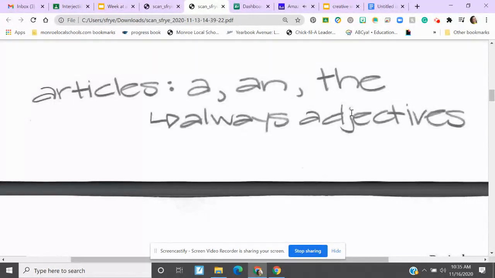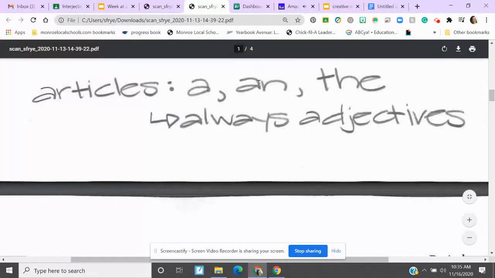So if I give you a sentence and say, label every part of speech in this sentence, a, an, and the are always adjectives. They're called articles. They fall under the adjective category. Because if I say a pencil, right, I technically know that means I only have one. It's giving me the description. So it is an adjective. Just memorize these three words. They will always be adjectives. They're articles.